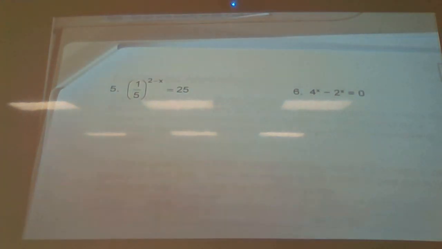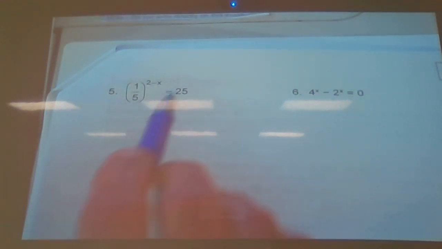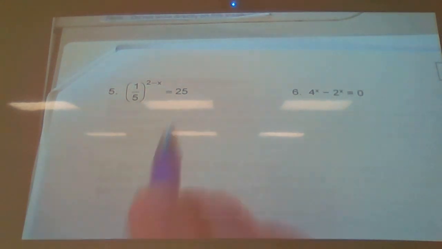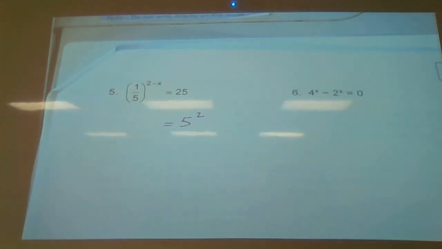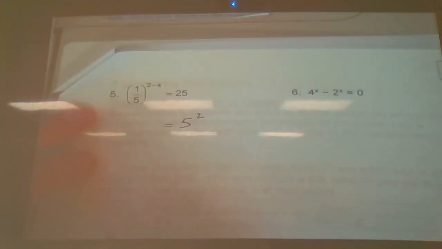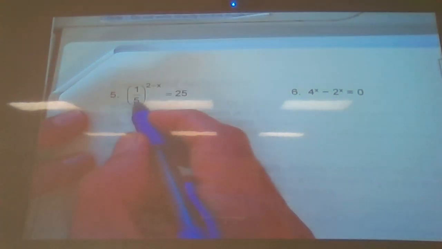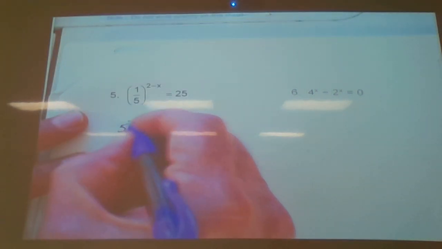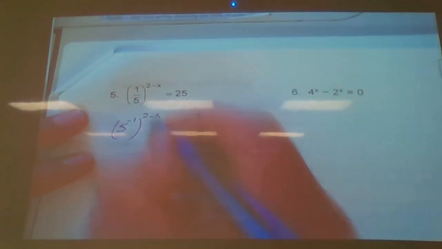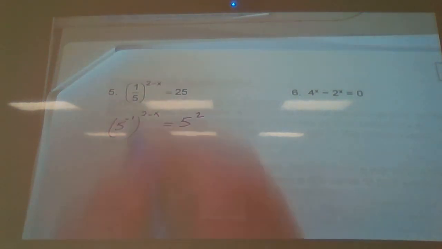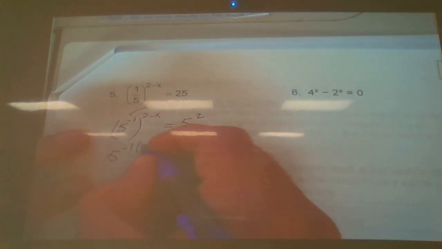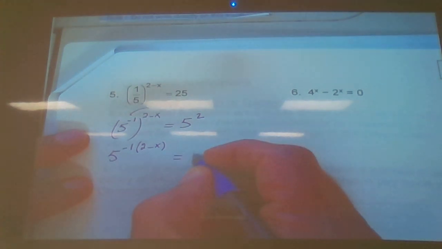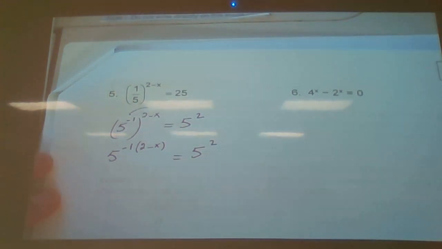Same question for number 5. So it looks like I have a 25 and a 5. We can definitely change the 25 into a base 5. That's 5 squared. So I need to work over here. So 1 over 5 can be written as 5 to the negative 1, 2 minus x. Remember, power and power you multiply. So this is 5 to the negative 1 parentheses 2 minus x is equal to 5 to the 2.